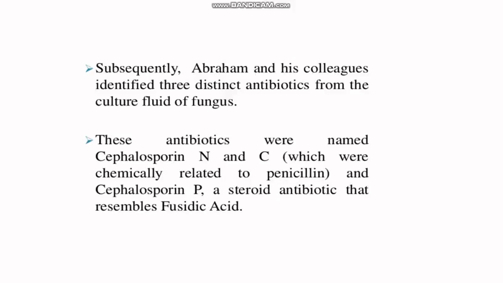These antibiotics were named cephalosporin N, cephalosporin C, which was chemically related to penicillin, and cephalosporin P, a steroid antibiotic that resembled fusidic acid. Abraham was a colleague, a scientist too, and when they saw the activity of this particular fungus extract, they extracted three compounds from that fungus: cephalosporin N, C and P. Cephalosporin C totally resembled penicillin, and cephalosporin P was a steroidal antibiotic.